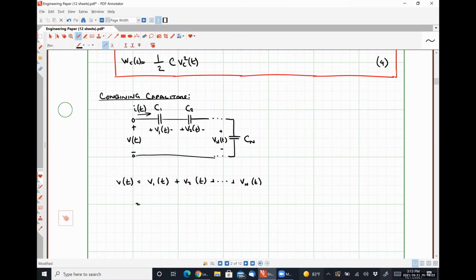So that would look like 1 over C1 times the integral from negative infinity to t of I of x dx plus 1 over C2 times that same integral, all the way out to 1 over C sub n multiplied by that exact same integral.